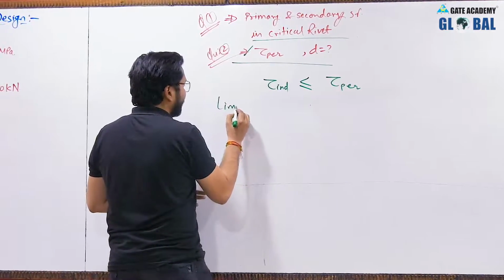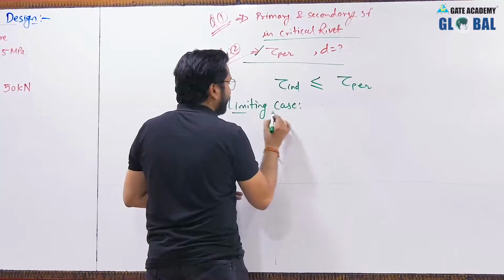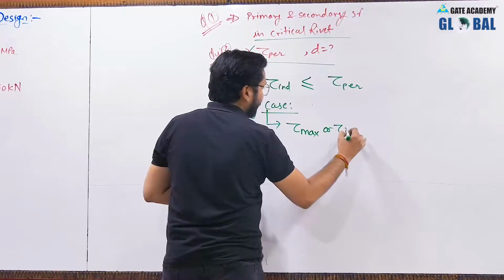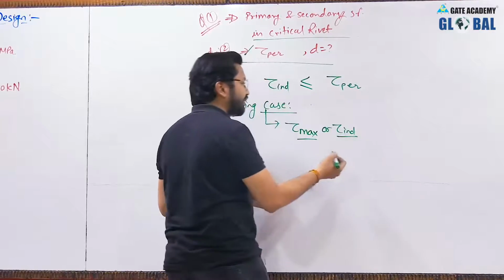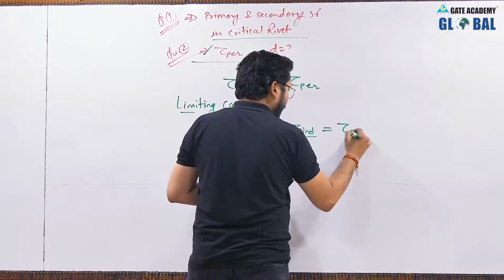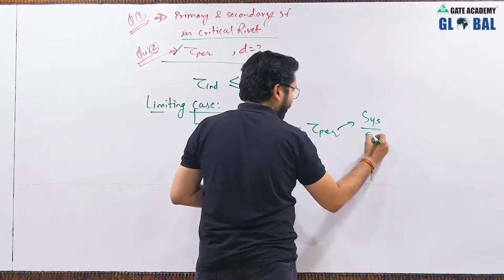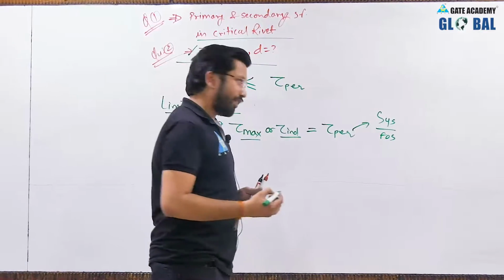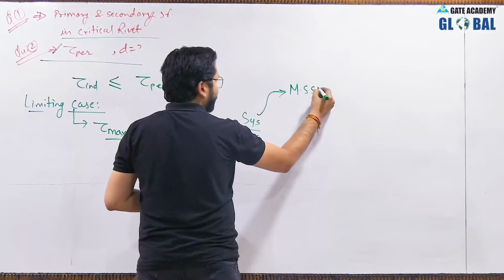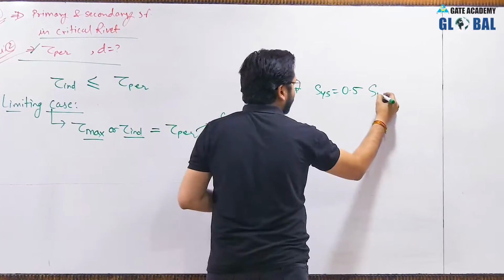For the limiting condition, we will be calculating the least diameter, where the maximum induced shear stress, tau max or tau induced, will be equal to tau permissible. And tau permissible can be written as SYS divided by the factor of safety. If you are using the maximum shear stress theory, then SYS will be equal to 0.5 times SYT.